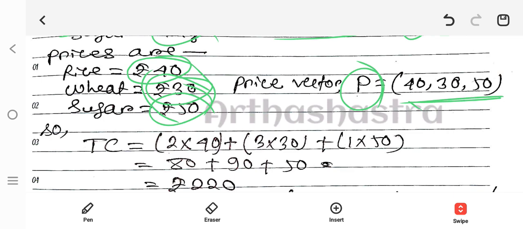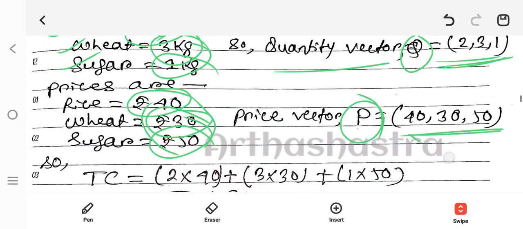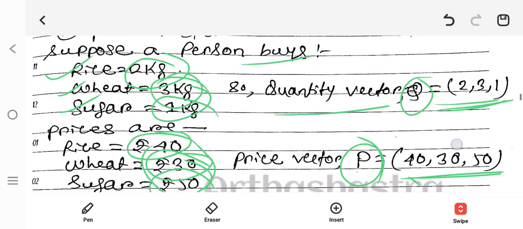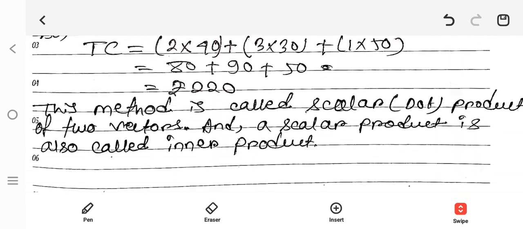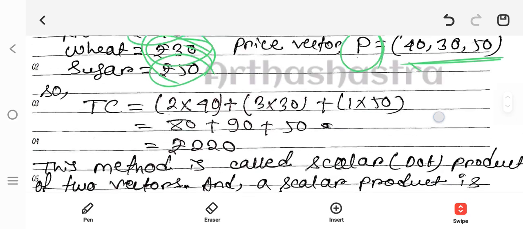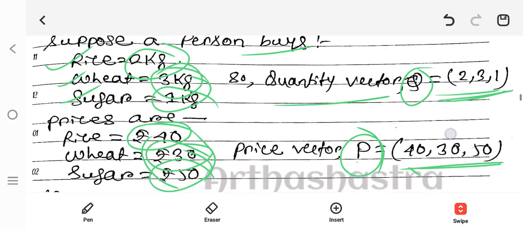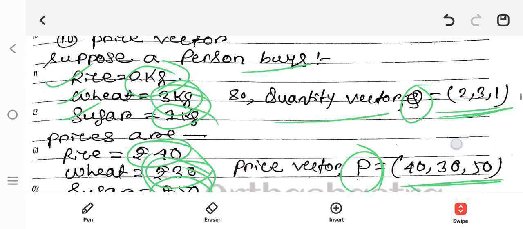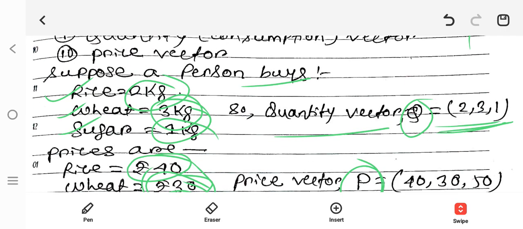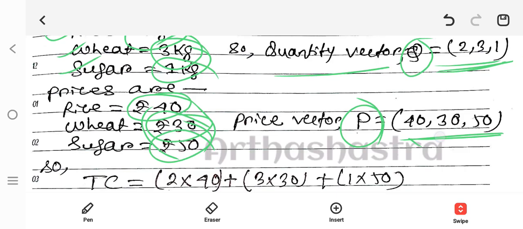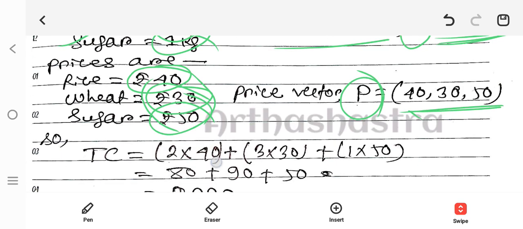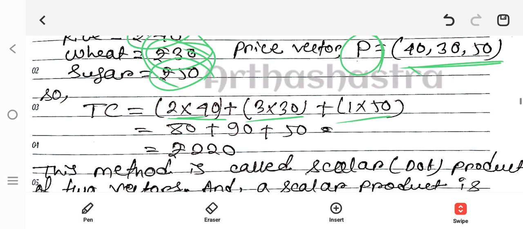For the total cost, we multiply the corresponding values from the quantity vector and the price vector and add them. For the first good, we have 2 kg rice at 40 rupees, so 2 times 40 plus 3 times 30 plus 1 times 50, which gives rupees 220.